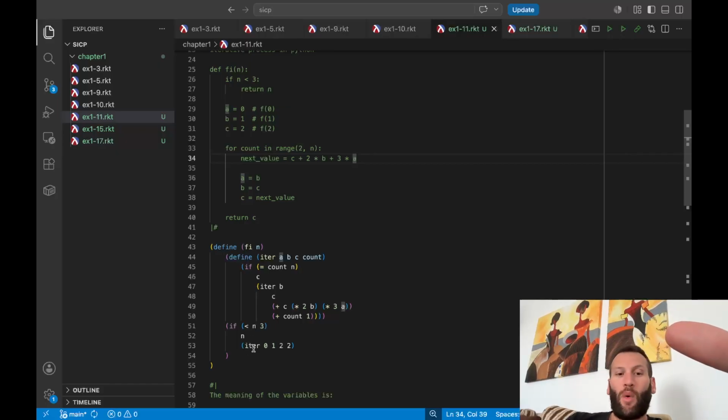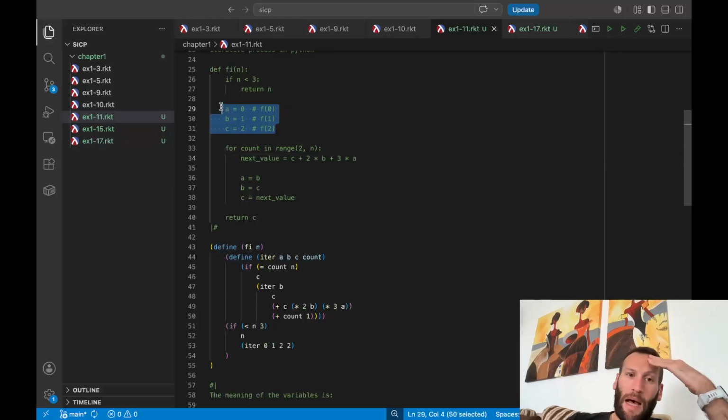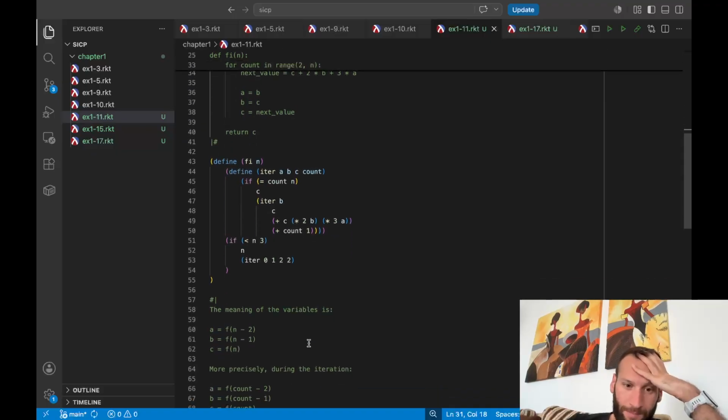Otherwise, we call iter with the same initial values of the arguments as we saw in the Python example, so 0, 1, 2, and 2, which is the count argument.